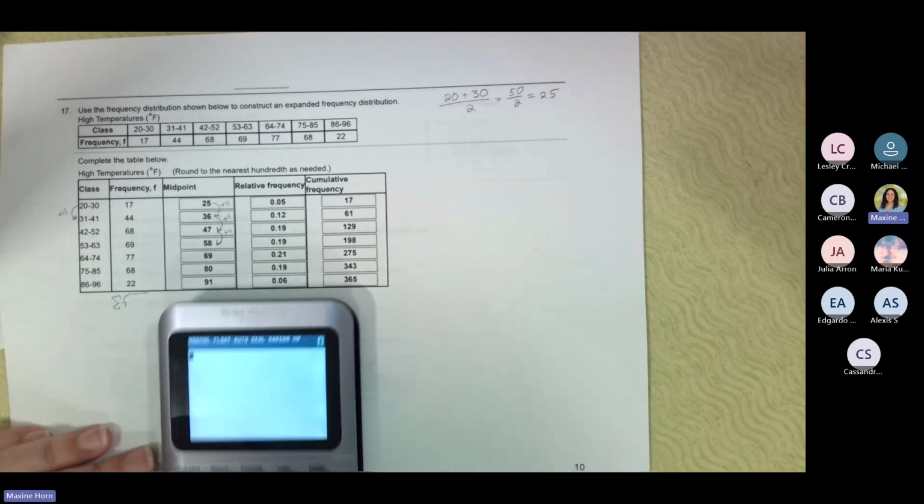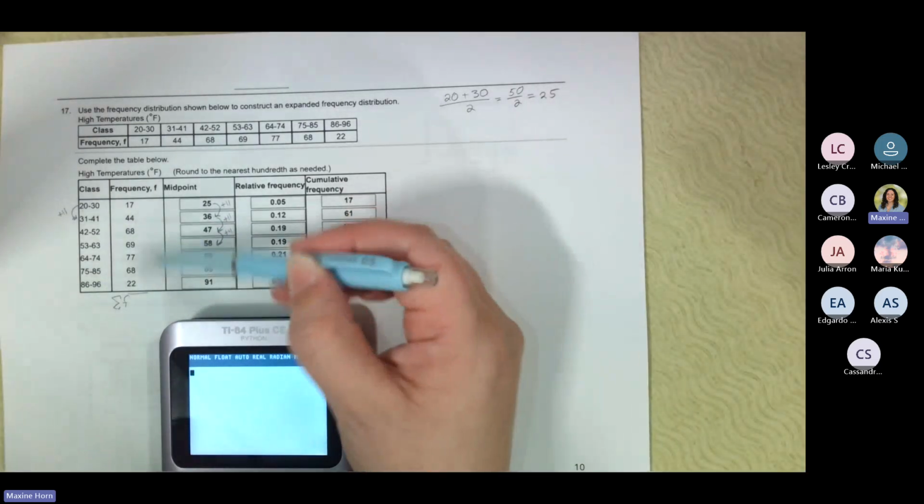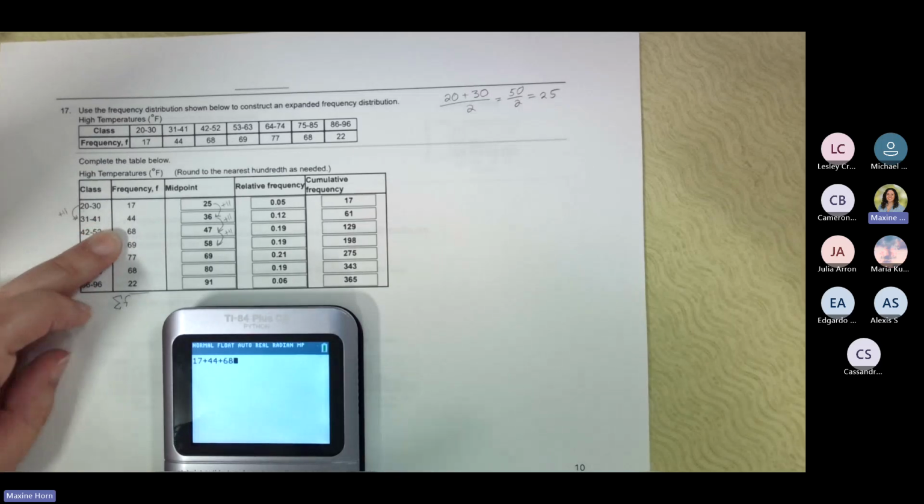Sometimes they'll tell you, like if they're describing high temperatures, they might give you a little paragraph about it, and they might tell you how many temperatures were taken. So sometimes you don't have to actually add all these up. They might give that to you, but in this case, we do need to add these up. So it's 44, 68, 57, 68, 22. Okay, so that's 365.